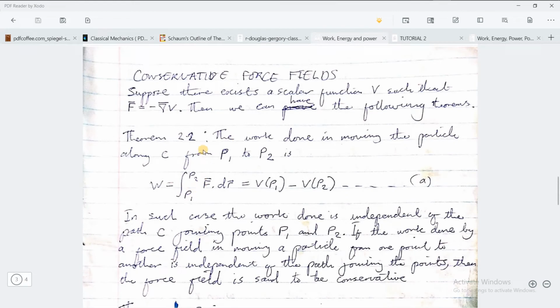The first definition was that there should exist a potential V, a scalar function V, which is a potential such that F is equal to minus del V. Now this function here is the one we're going to work with.